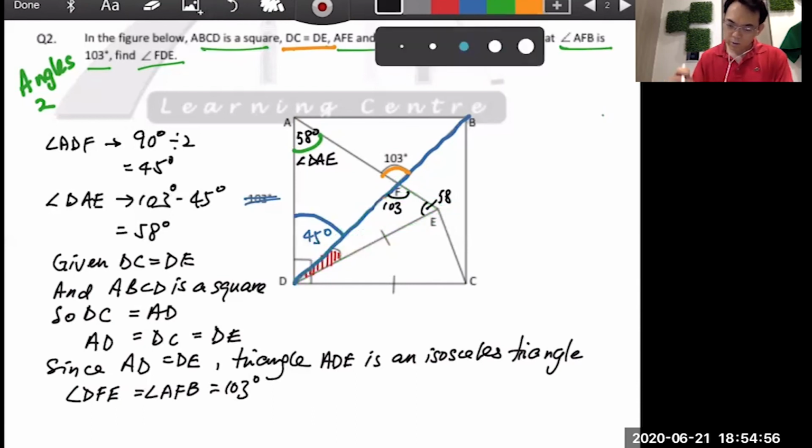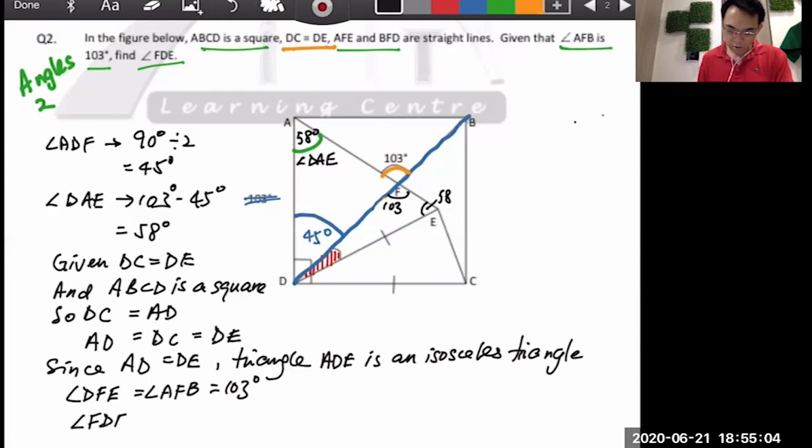Okay, so I'm going to answer the question. All right, so to find angle FDE, I now take 180, which is the total of the three angles in a triangle, also known as angle sum of triangle, minus 103 minus 58 degrees.